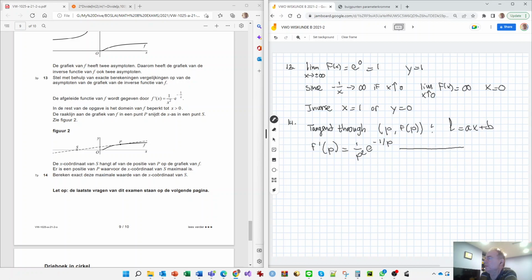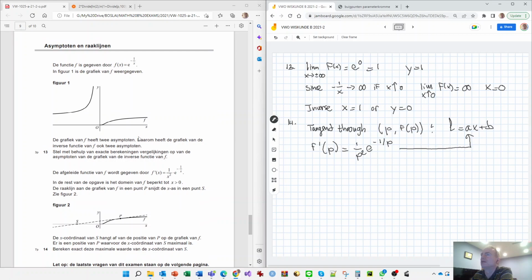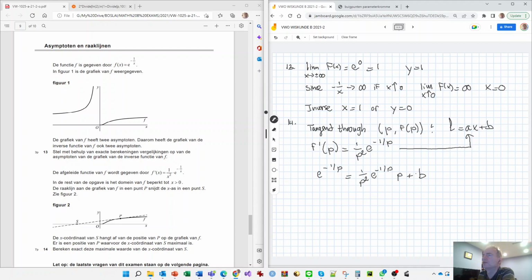And now we found our a, and we demand this point is on it. f is given here, so we need to have e to the power minus 1 over p equal to this thing times p, that's the x coordinate, plus the constant b here.